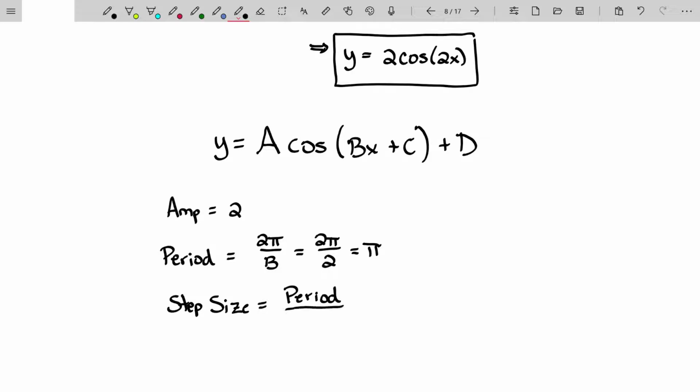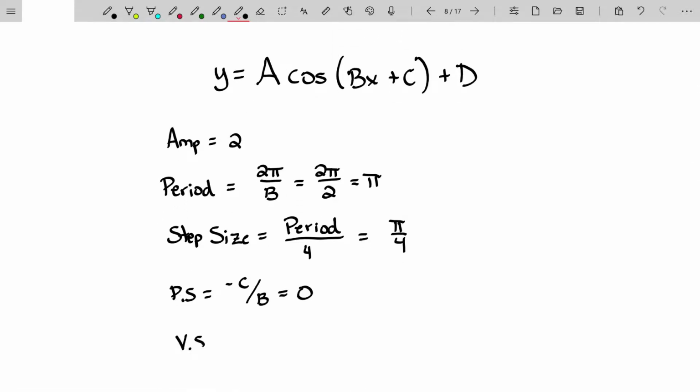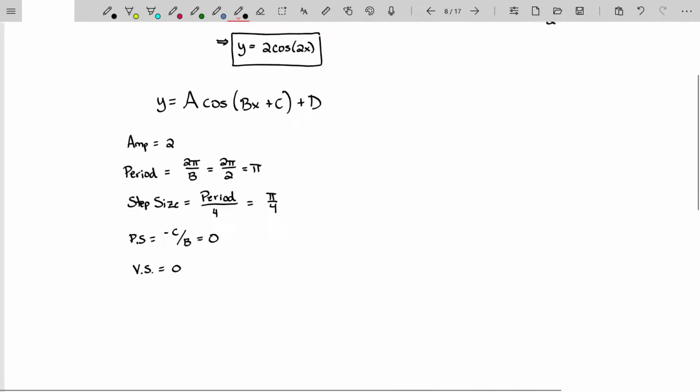And I like doing this, by the way, of constantly reviewing older skills so that students get practice as they head to exams and stuff like that. Step size is period over 4, which is pi over 4. Our phase shift would be equal to negative c over b, but there is no c in this case, so it's 0. And our vertical shift would be d, but there is no d, so it's 0 as well.